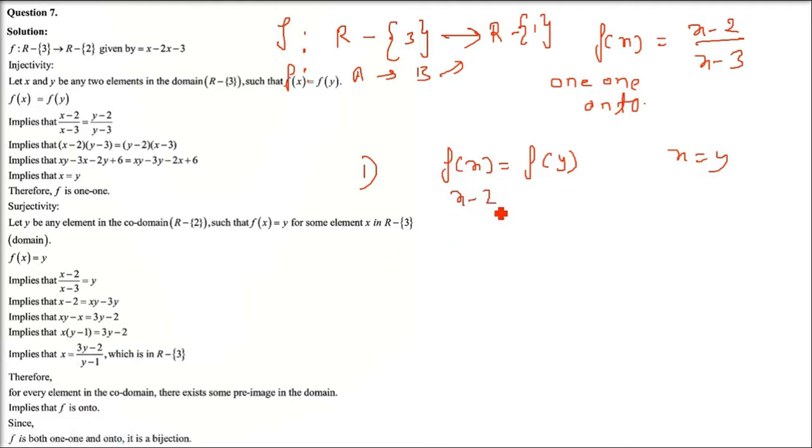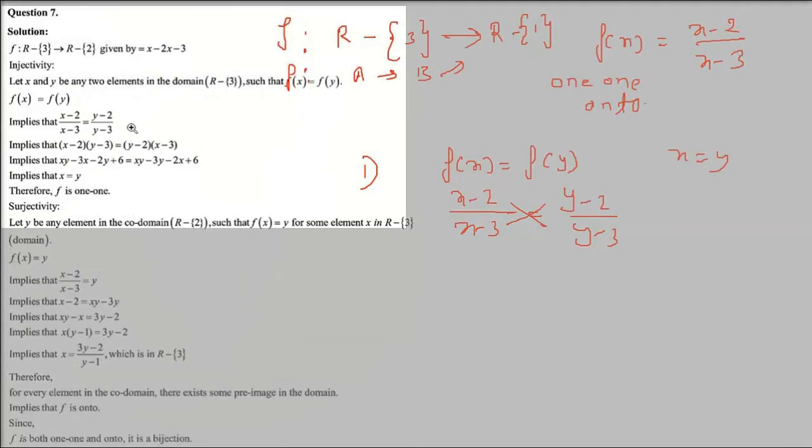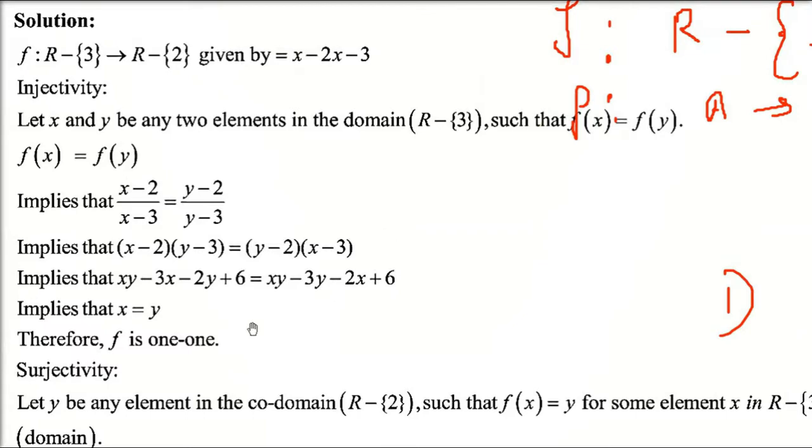So we have x minus 2 divided by x minus 3 for f(x), and for f(y) it is y minus 2 by y minus 3, and then just cross multiply. When you cross multiply, I'll just show you here because you know how to cross multiply.